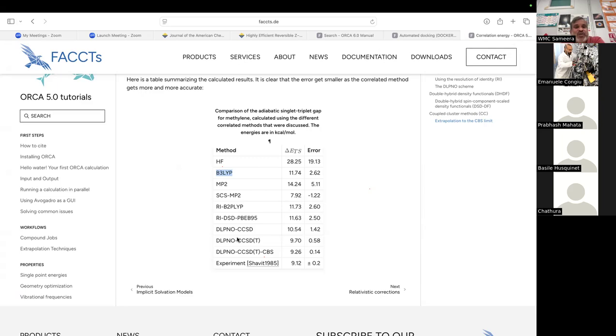Another question: when running TDDFT calculations with the keyword line OPT and numerical frequency, the calculation returns an error and terminates in the CIS step. It is hard to answer that. Please email me your input and output, then I will have a look. I will give you my email here.